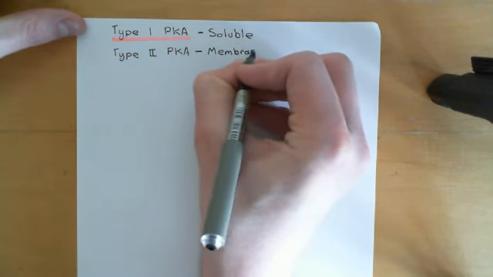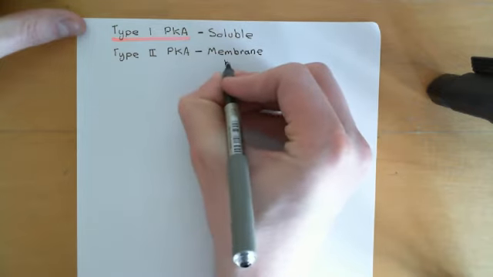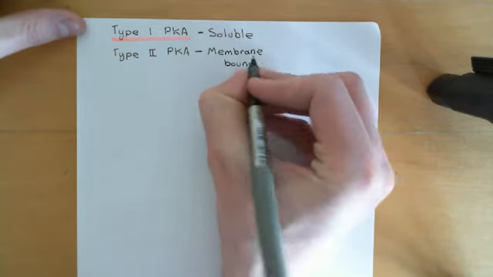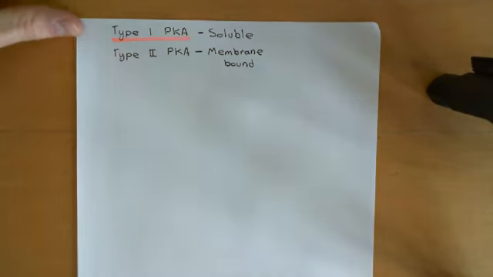So either bound to the cell membrane or bound to the membrane of intracellular organelles such as the nuclear membrane or the mitochondrial membrane or the endoplasmic reticulum membrane or the Golgi apparatus membrane. And it's bound there usually by interactions with other proteins that are bound to those membranes.